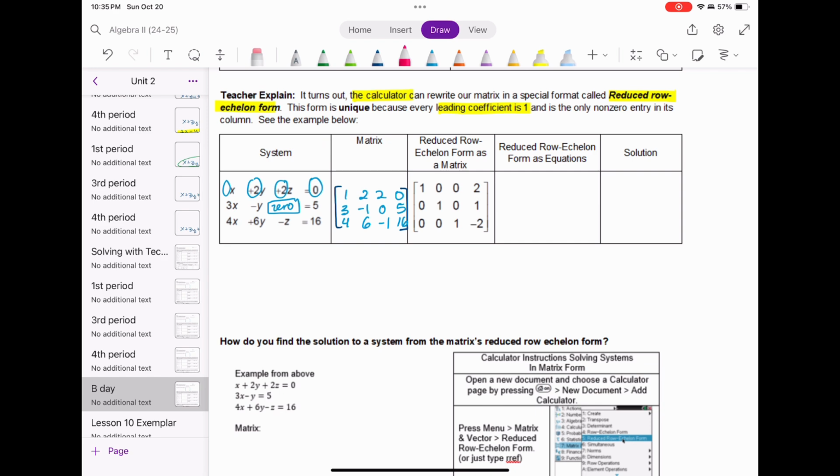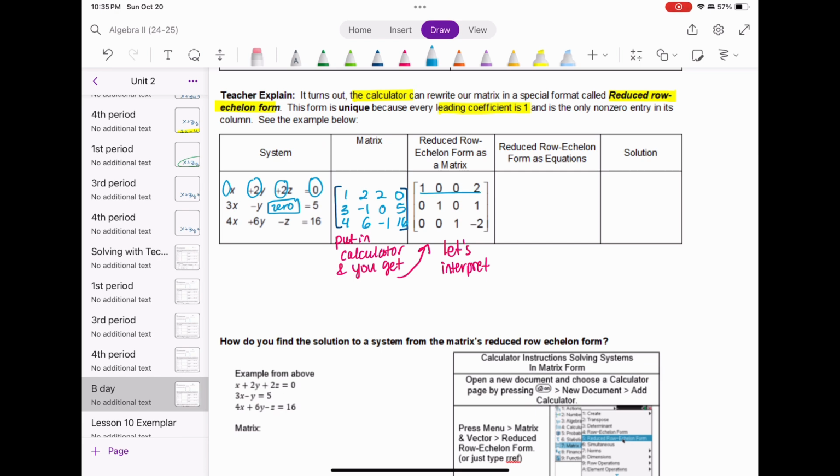Okay, now that you have the matrix, we're going to put it in the calculator, and I'll show you in a little bit how to do that. But let me just give you the answer for now. The calculator is going to put out an answer like it's showing right here under reduced row echelon form. The good thing about that is that you already know how to read a matrix, right?